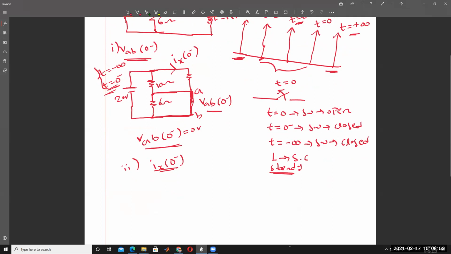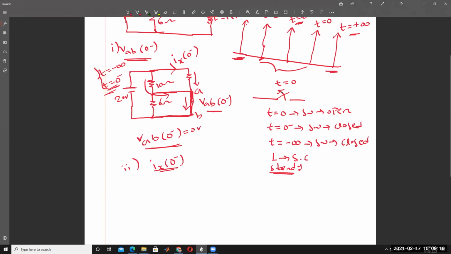So the current is always directed in this direction, and the resultant current flows only in this direction. The addition of these two currents is this current.